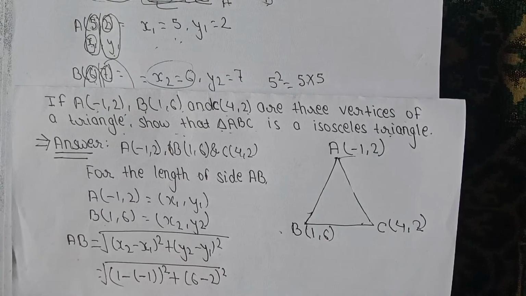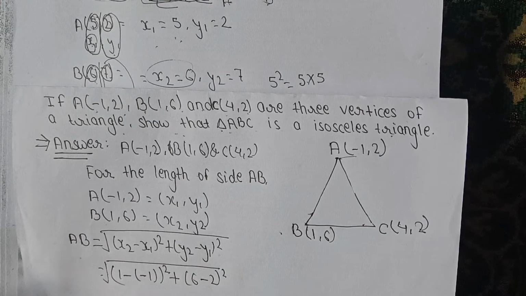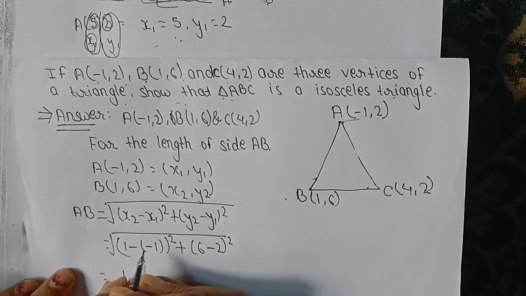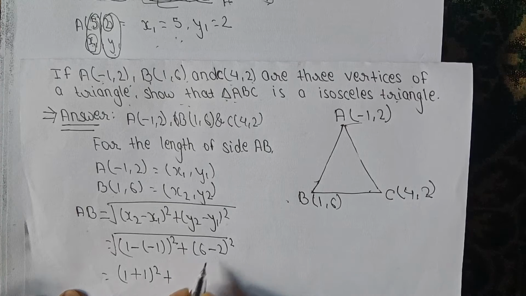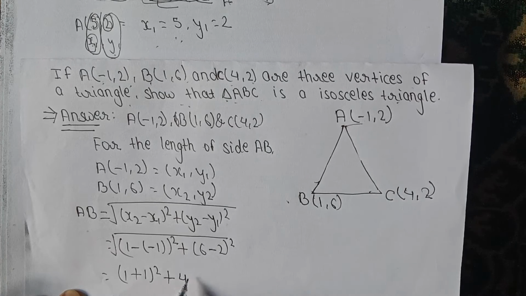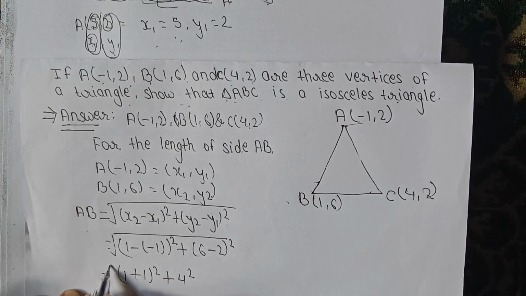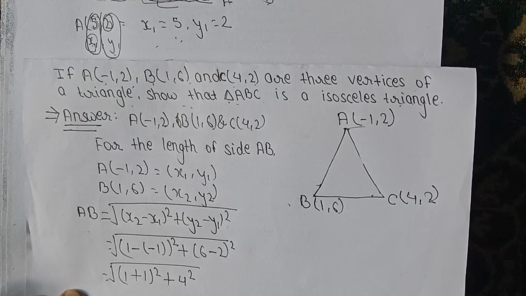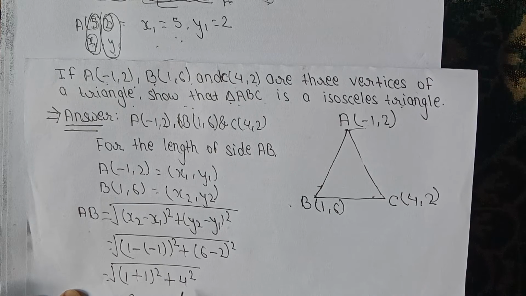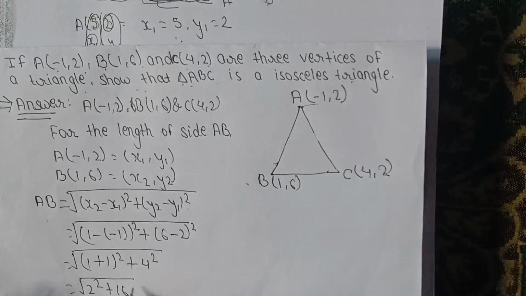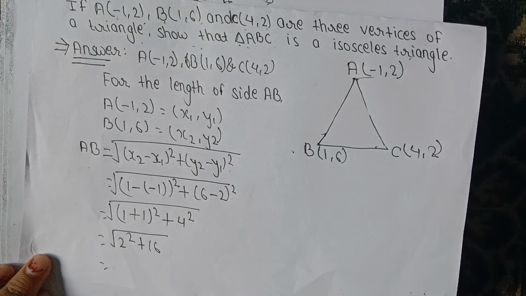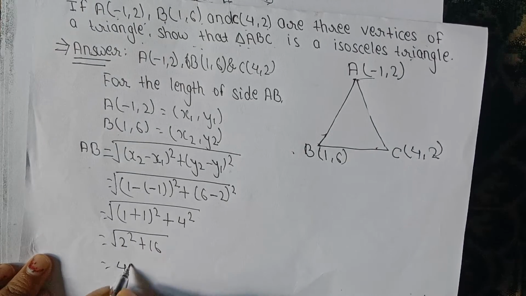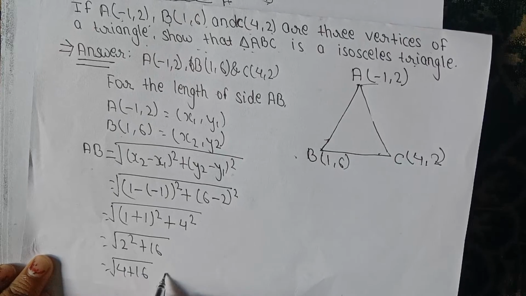We have to solve this now. Here 1 and minus became plus. So 2 whole square plus 6 minus 2, 4 whole square. So 2 square plus 4 square, 16, we have to write. 2 square means 2 into 2, so 4 plus 16, it became 20.